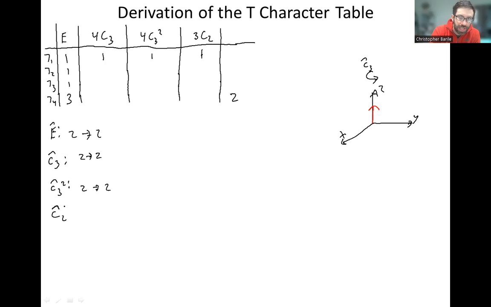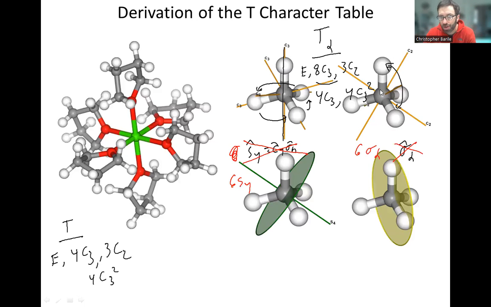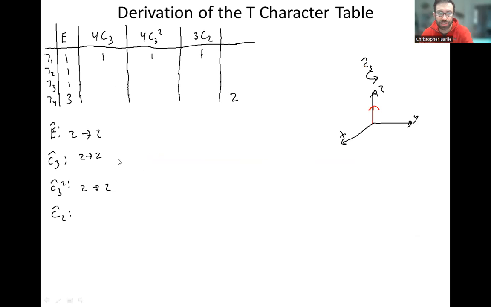Now, something interesting happens when we do a C2. The C2 is definitely harder to visualize, because it's off axis here, right? When you have something that's totally off axis with respect to x, y, and z, that is going to get flipped 180 degrees, and it's going to go into some linear combination of x, y, and z.